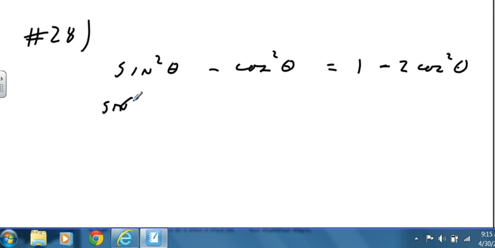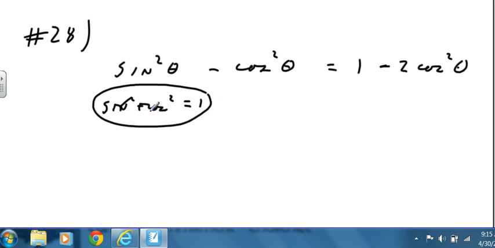But we remember that sine squared plus cosine squared is 1, right? So that means that sine squared has to be 1 minus cosine squared. So this is 1 minus cosine squared minus cosine squared.